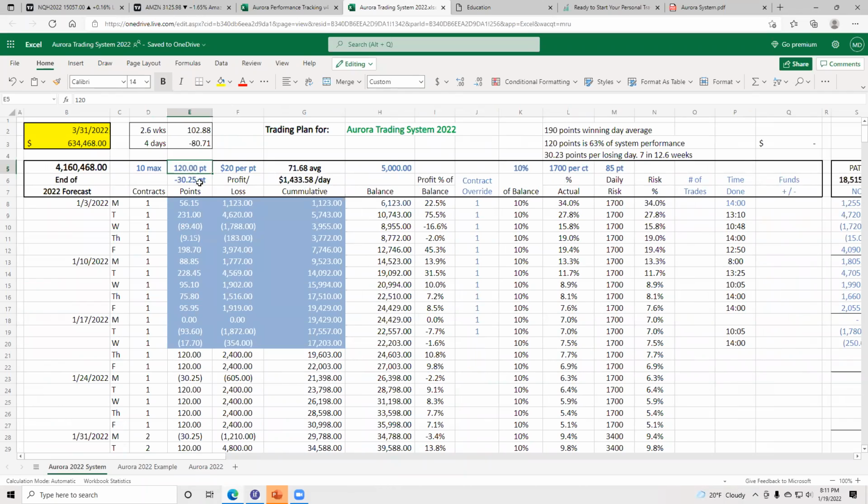So continuing with a 120 point positive day performance and minus 30.25 negative day performance, if we are willing to scale up to 10 contracts, which we have built into the plan right now, it's 4.1 million.